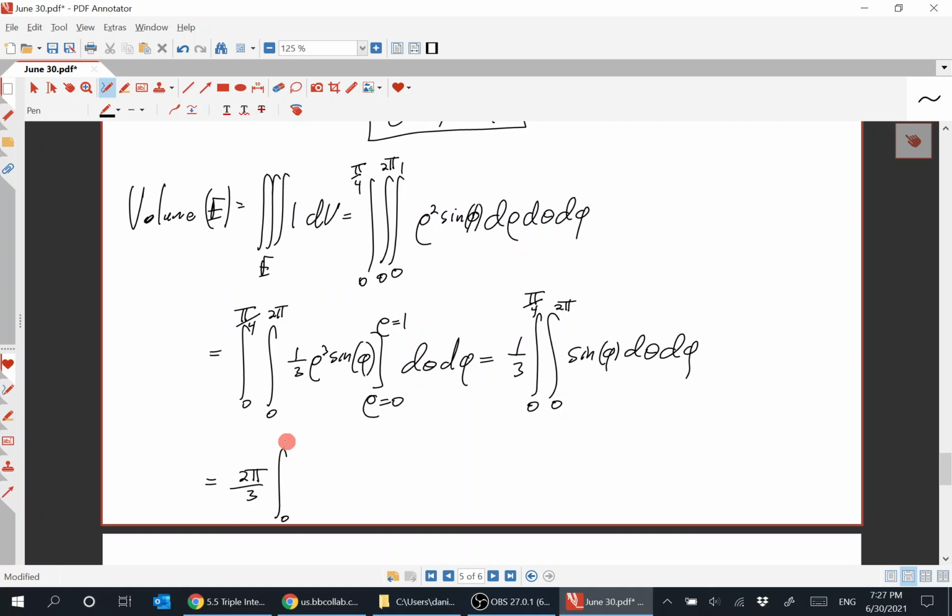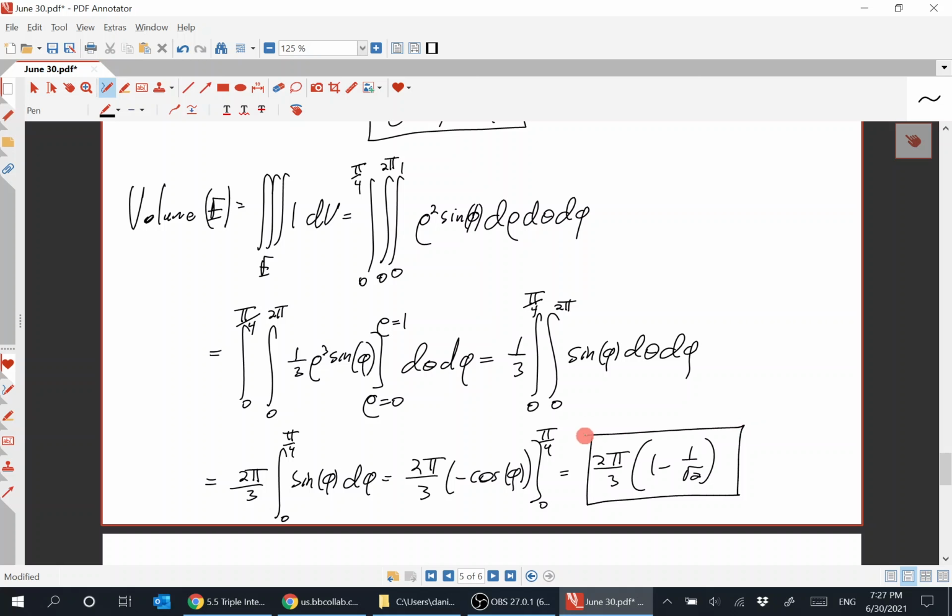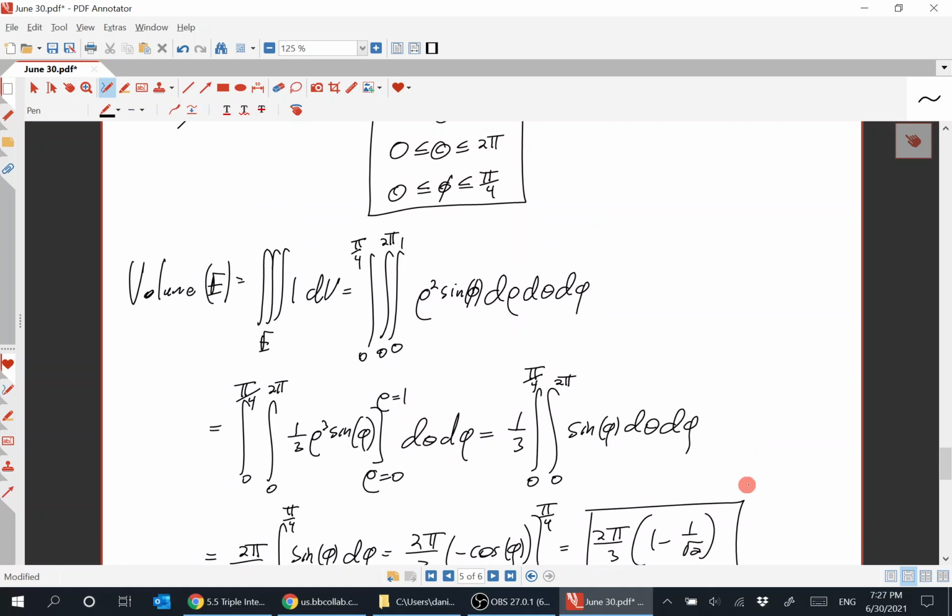So 2 pi over 3, 0 to pi over 4, sine phi d phi, which is equal to 2 pi over 3, antiderivative is minus cosine phi, from 0 to pi over 4. So that's 1 minus 1 over root 2. Right, same answer as before.